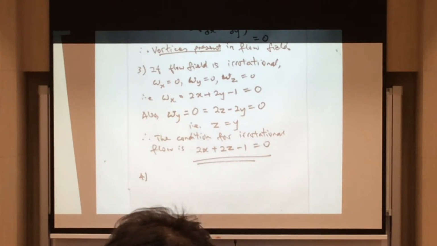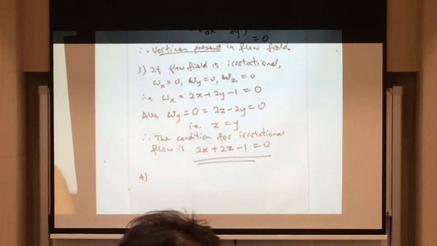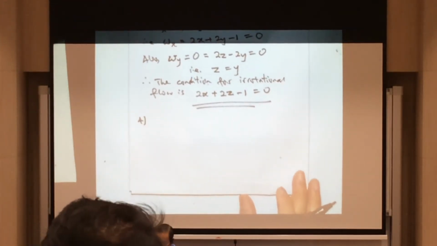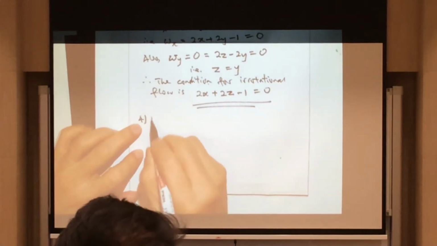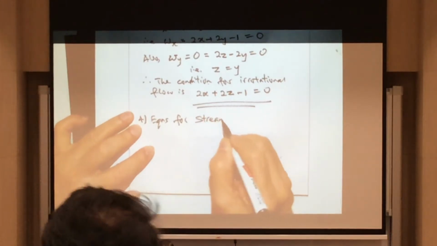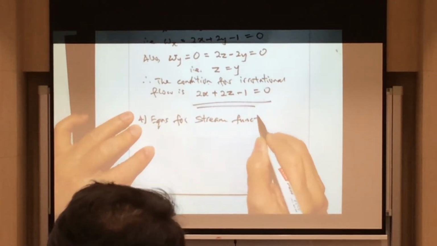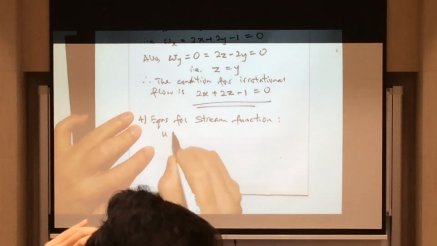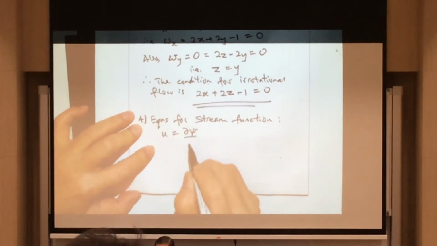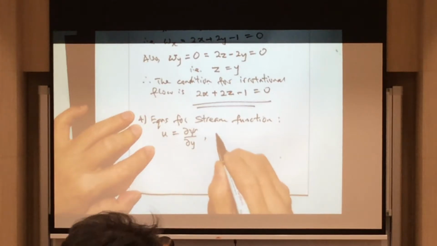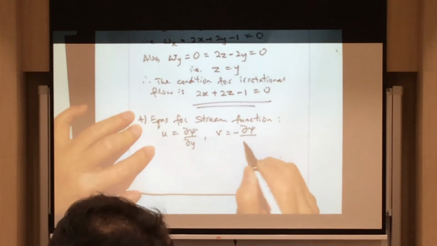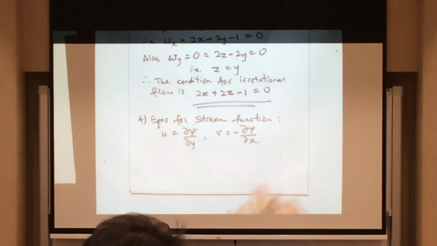Okay, so let's recall our equations for the stream function. U, the x component of the velocity field, is del psi del y. And v is minus del psi del x.